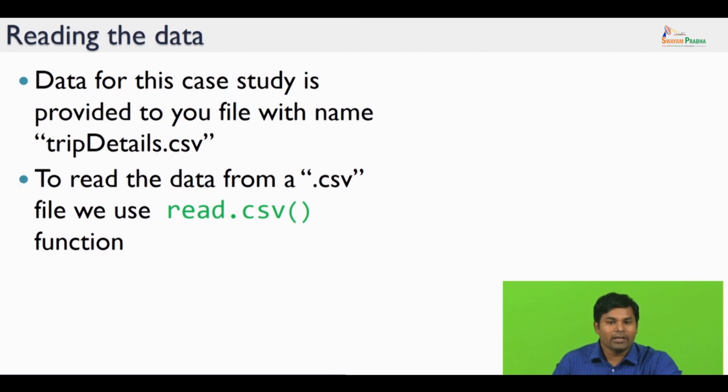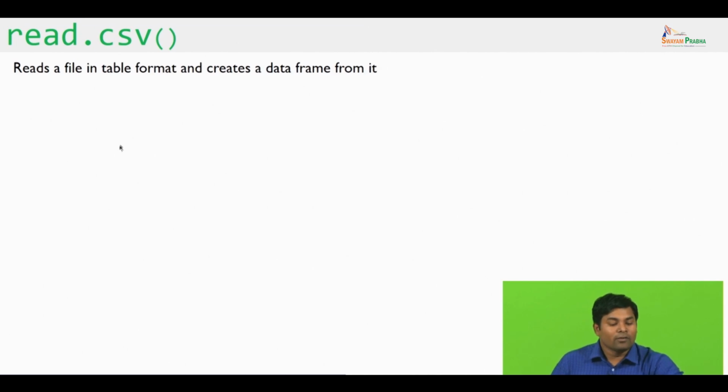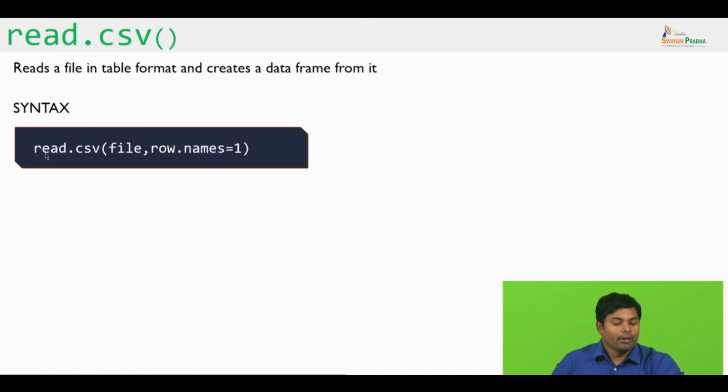In R, to read the data from a .csv file, we use read.csv function. Let us look what this read.csv function takes as an input argument and what it gives as an output. Read.csv reads a file in the table format and creates a data frame from it. So, the syntax of this read.csv is as follows.